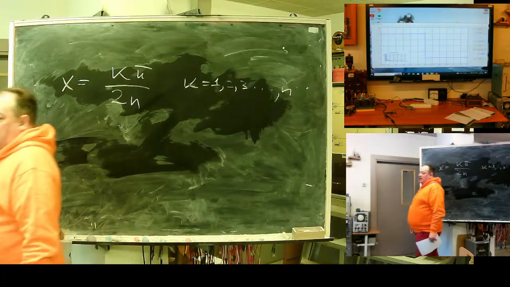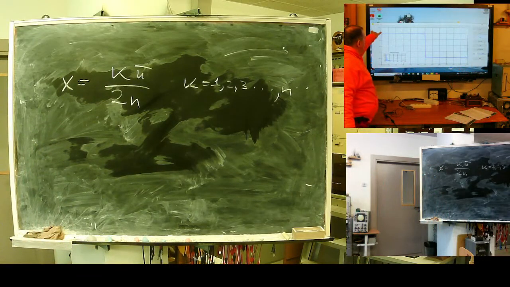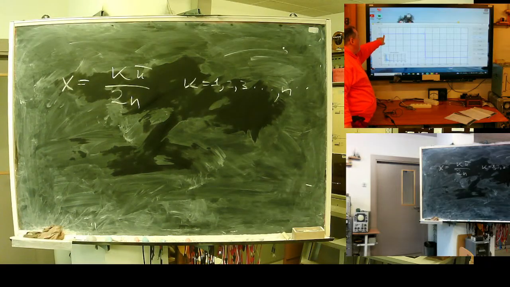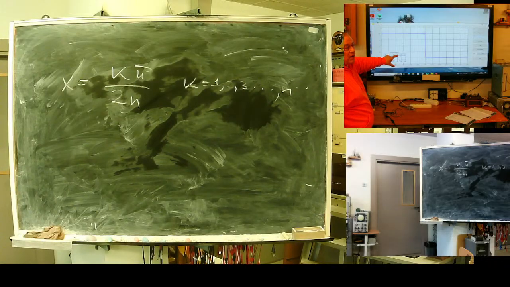What is k? The number of the point. This one is number 1, this one number 2, number 3, number 4. Where is the error? Which one has more error? Where is the error high? At point number 1.